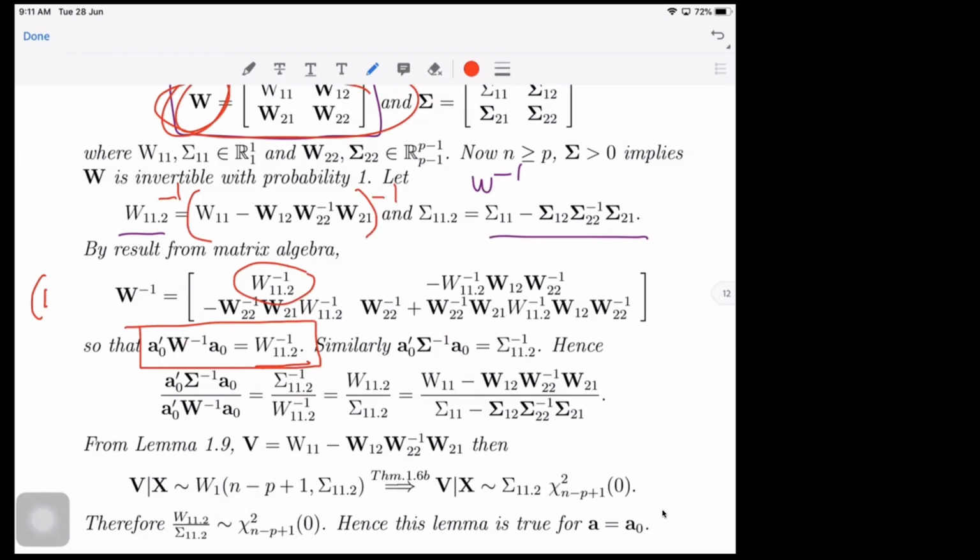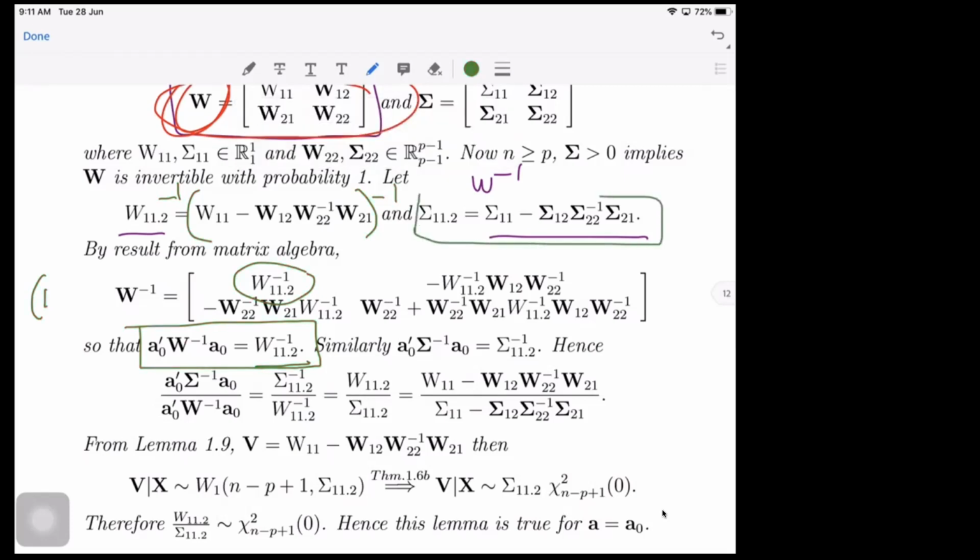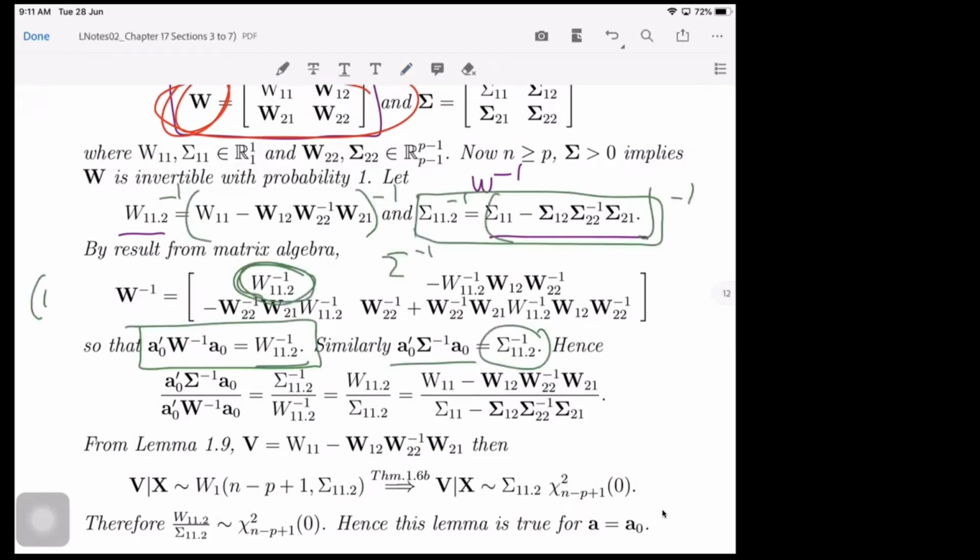And then similarly, if we consider this one, and you multiply it by A0 prime sigma inverse A0, what remains is the inverse of this. Like, the same entry remains there if you get the inverse of sigma. So the inverse of this. You take the inverse of this. So that is what is referred to there as similarly.